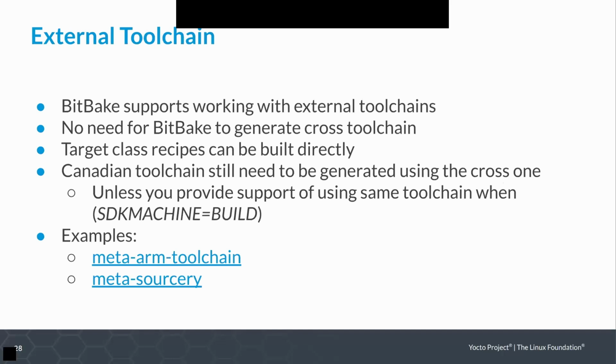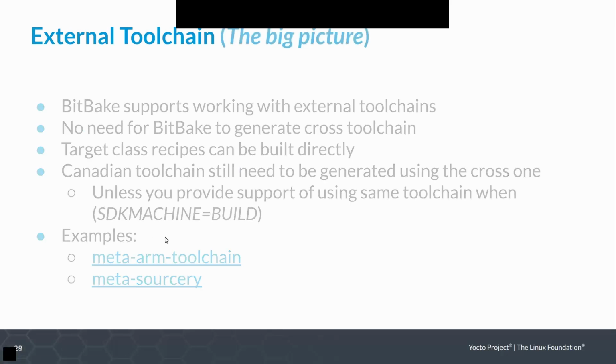If you want to use that external toolchain on another machine, which we call the SDK machine, that will not work, unless your SDK machine is the same as your build system. If it's not the case, you need to generate the cross Canadian variant yourself. As an example, you have meta-arm-toolchain and meta-sourcery. You can take a look at those after.